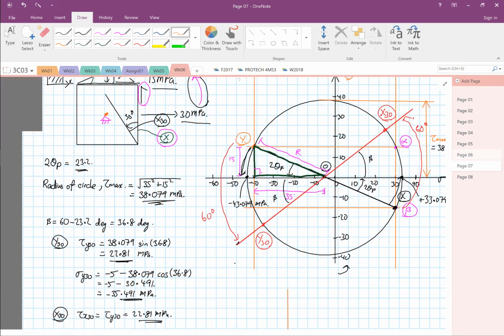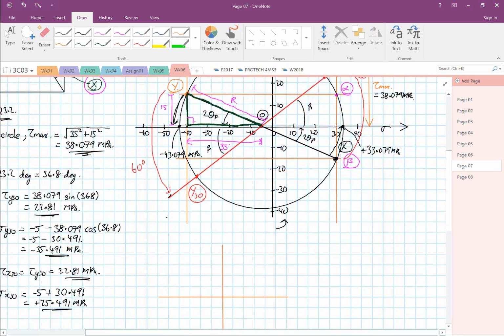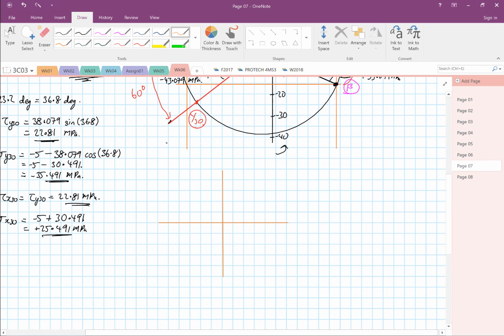Before that the element was rotated clockwise, so now it's counterclockwise 30 degrees. Right, so from here, this is our rotation now. Okay, our new axis.